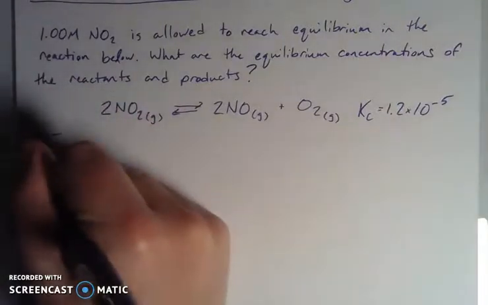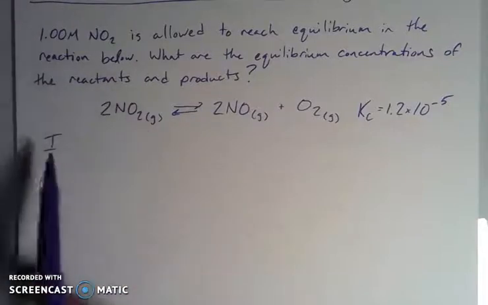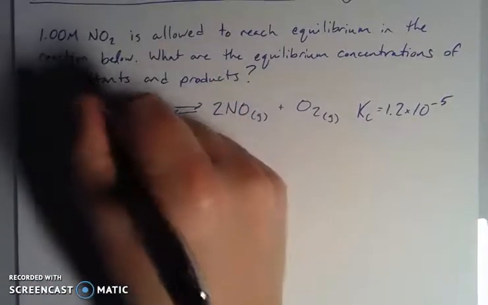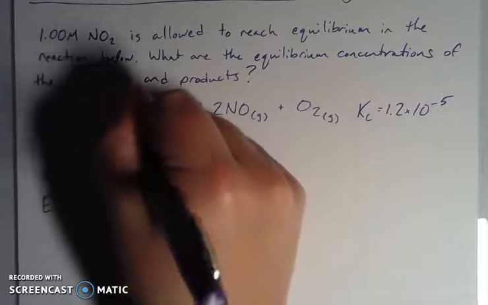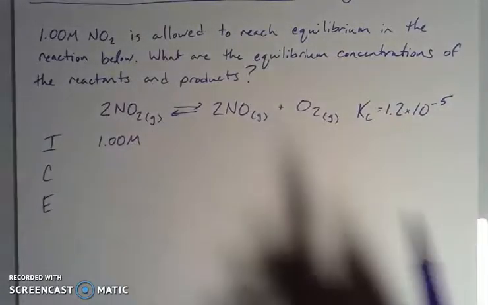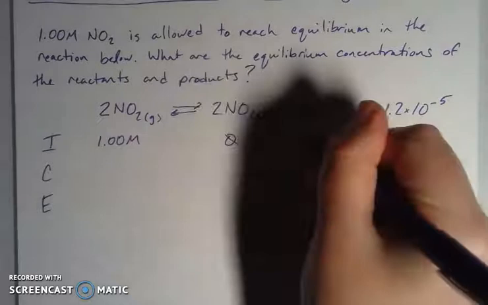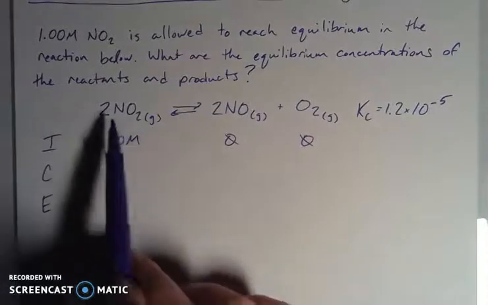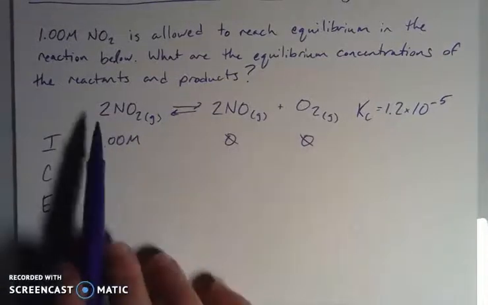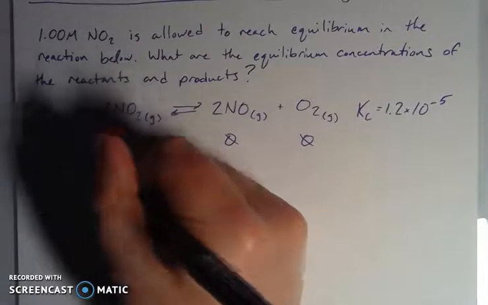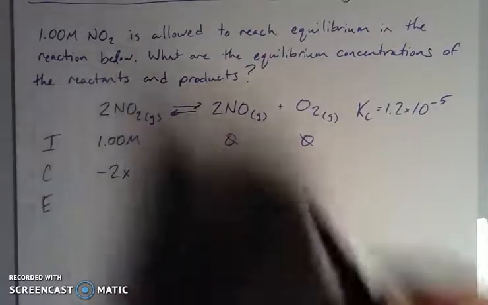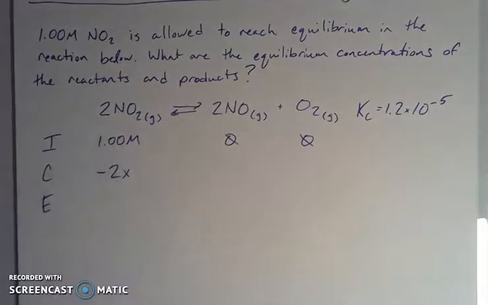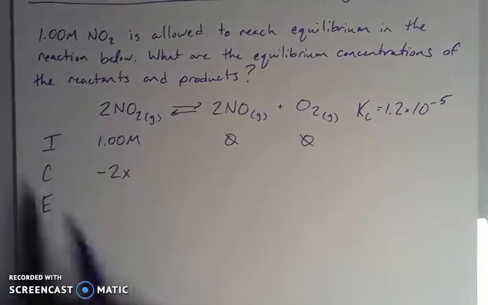So we break out our ice box here, and our initial amount is going to be the concentration that we're given, which is 1 molar. We're not given any information about our products, so we're just going to put zeros in there as placeholders. And now our molar quantities are going to change with the coefficients that we have up front. So my reactants, I'm going to get smaller by 2 times whatever that change is.